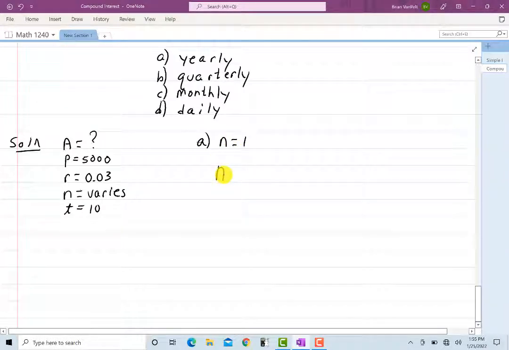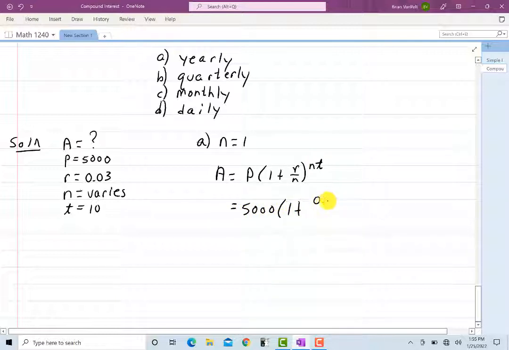And so my formula looks like A equals P times 1 plus R over N to the NT. Let me go ahead and put in all of my numbers. 5,000 for P, 0.03 for R, N was 1, then 1 times 10. T is equal to 10 for all these problems.